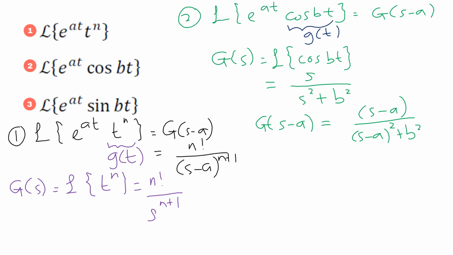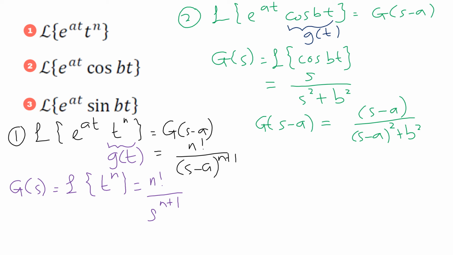So every time you want to determine the Laplace transform of the multiplication of e to the power of at with cos bt, this would be the general solution. Just replace a by the power of the exponent, and b is the angle of the cosine. All right, last but not least, I'm going to solve question 3.